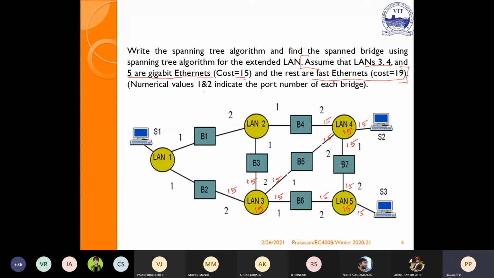The remaining are fast Ethernets with the cost of 19. So LAN 1 cost is 19, LAN 2 cost is 19. For LAN 1, these are the different links, cost is 19. For LAN 2, 3 links, 19. Now we have marked all the LAN costs in the diagram. So next we will proceed with the regular steps. Step 1.